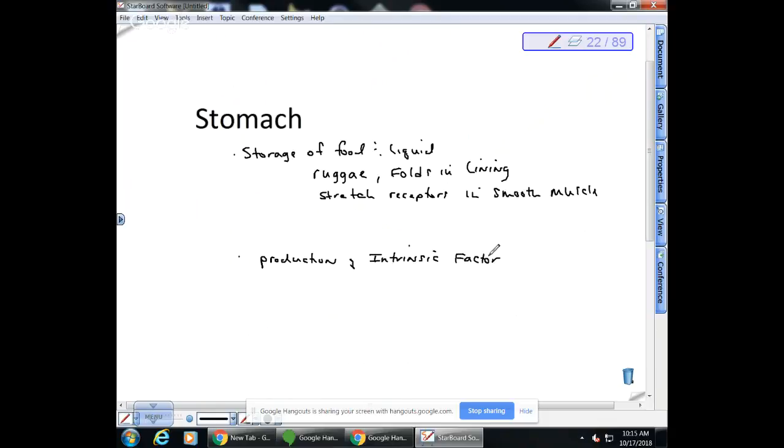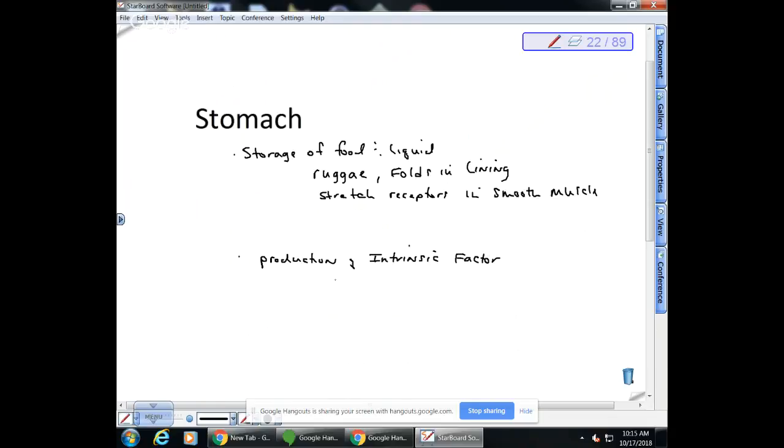So theoretically, you could remove the stomach and nothing would happen. You would probably have a hard time digesting your food, but you could still get the nutrients, and you could still survive. But without intrinsic factor, you cannot. And so you would give them supplements of intrinsic factor if they did not have a stomach.